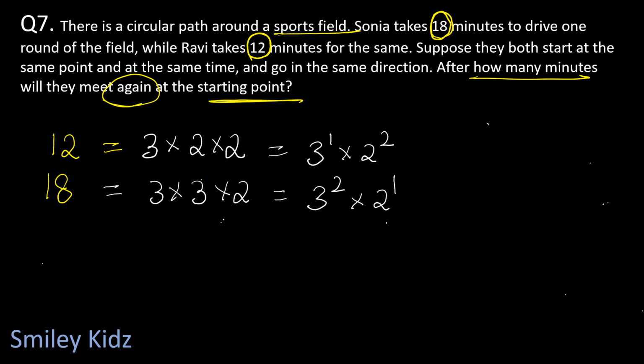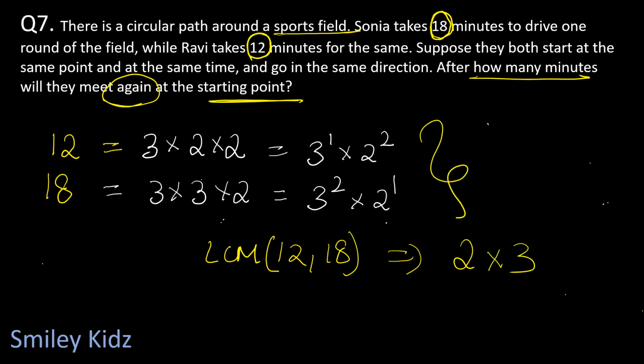Now tell me, what is the LCM of these two numbers? LCM will be equal to the product of the greatest powers, isn't it? The two numbers in the prime factorization are 2 and 3, and the greatest power of 2 is 2 and the greatest power of 3 is 2.